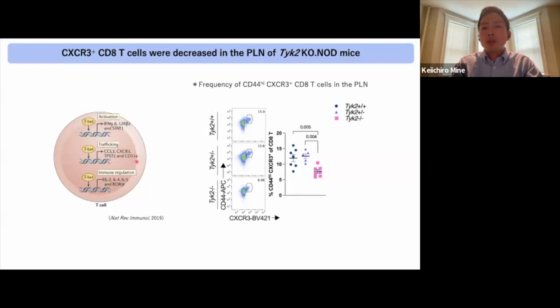CXCR3 is important for T cell migration to the inflammatory site. We found that CXCR3 positive CD8 T cells were decreased in the pancreatic lymph node of TYK2 knockout mice, suggesting that the migration of CD8 T cells to the pancreas was reduced.